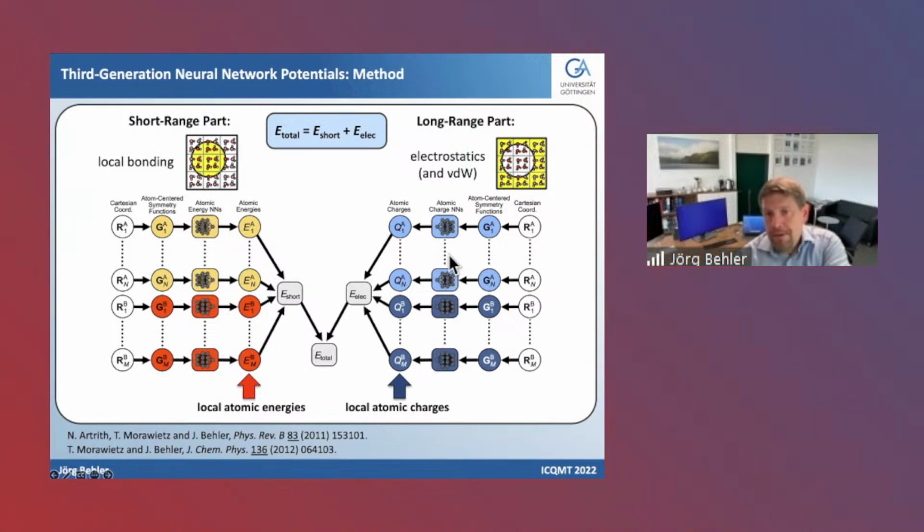But this time, these atomic neural networks do not produce atomic energies as a function of the chemical environment, but atomic partial charges trained to the DFT charge distribution. And these charges can then be used to compute the long-range electrostatic energy without truncation, and together with the remaining part of the energy represented by the short-range part, this yields the total energy of the system.